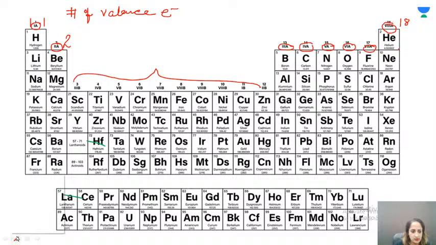So quickly, I would say, these were our metals, right? Somehow it got erased. I'm sorry about that. And here we had our non-reactive elements, and then here we had our halogens.